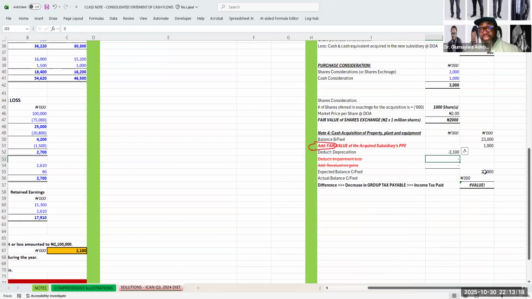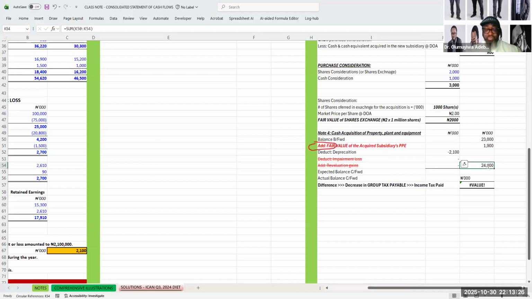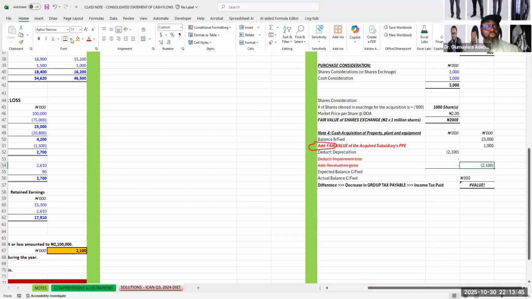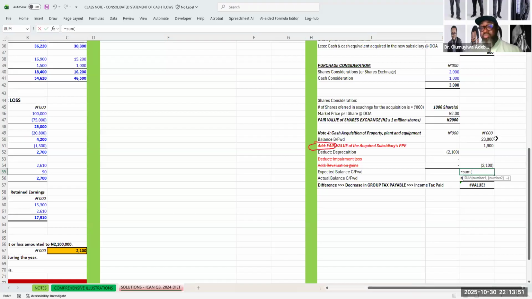All of these, let me add them together. I sum them up to arrive at my expected balance of 22,800.